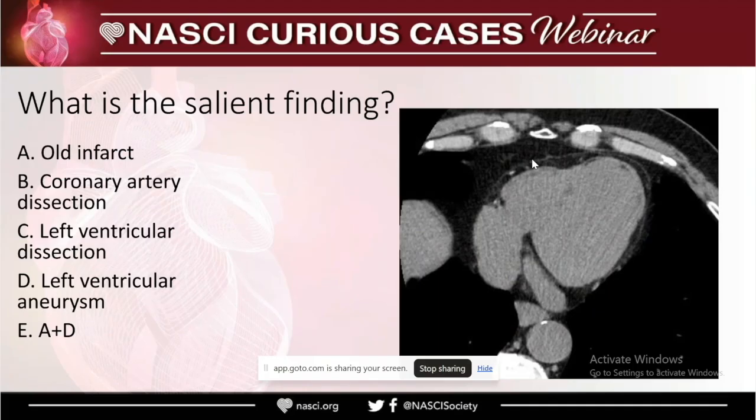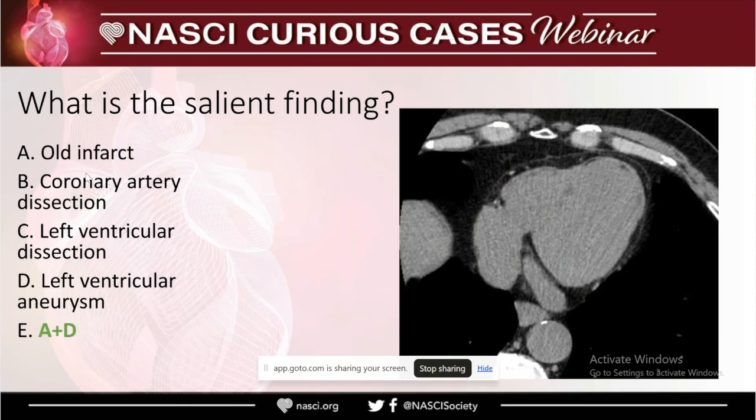So as you can see right here, there is subtle hyperdensity in the left apex. You see all that hyperdensity. In some areas, it is a little bit more conspicuous, like this one and this one, but you can see it all along the left apex, stretching from almost the septum all the way to the left ventricular wall. And that is usually a manifestation of an infarct.